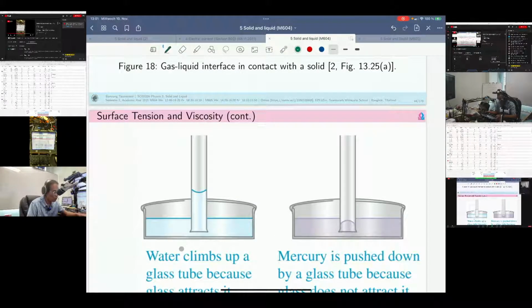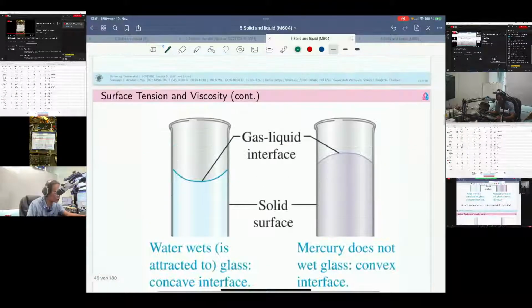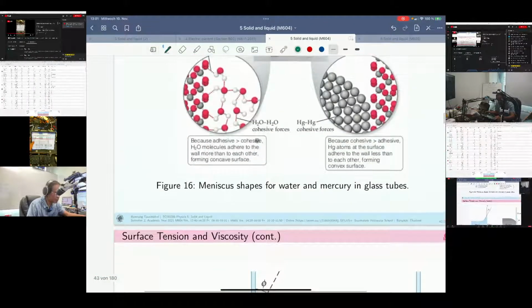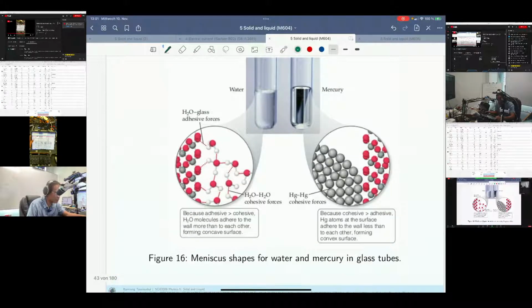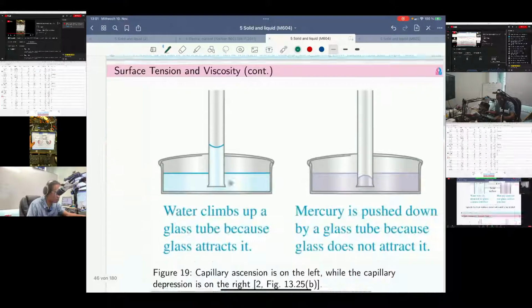Okay, water climbs up a glass tube because the glass attracts it. Because as I told you earlier, the adhesive force, the attractive force between water and the glass, is stronger than the cohesive force among several molecules of the water.